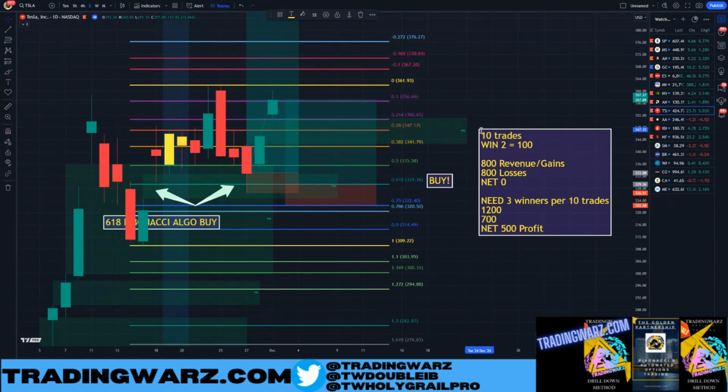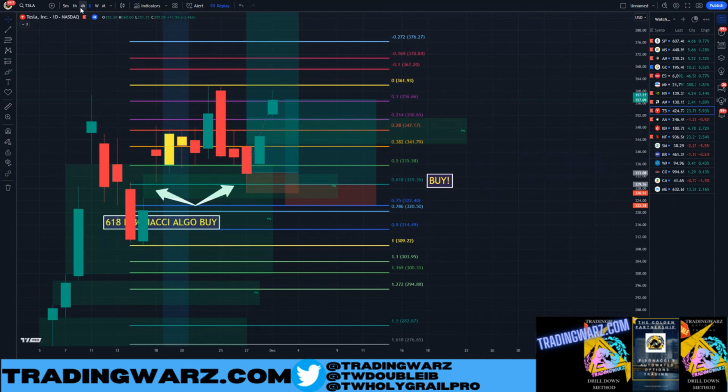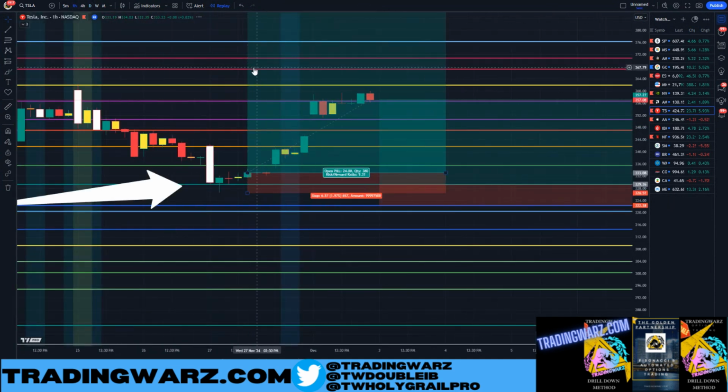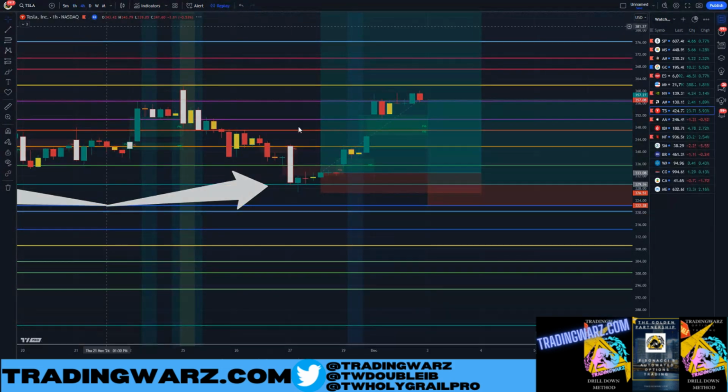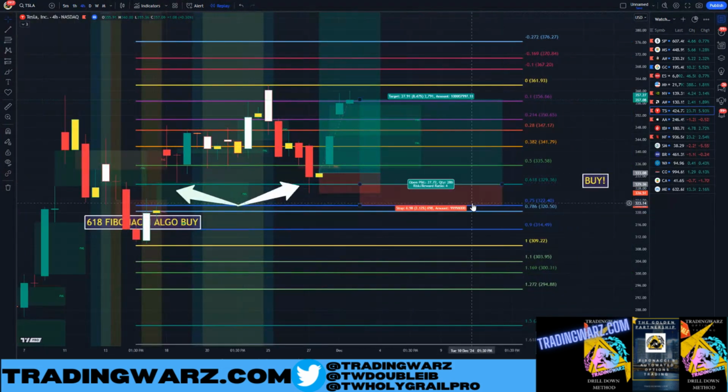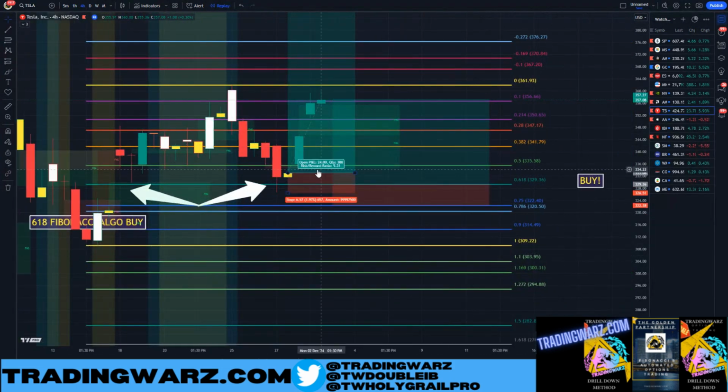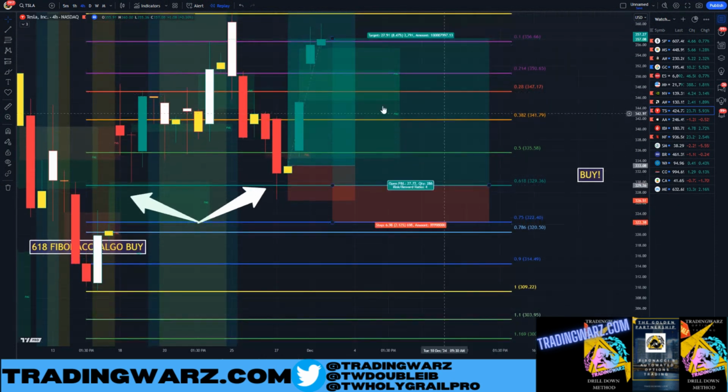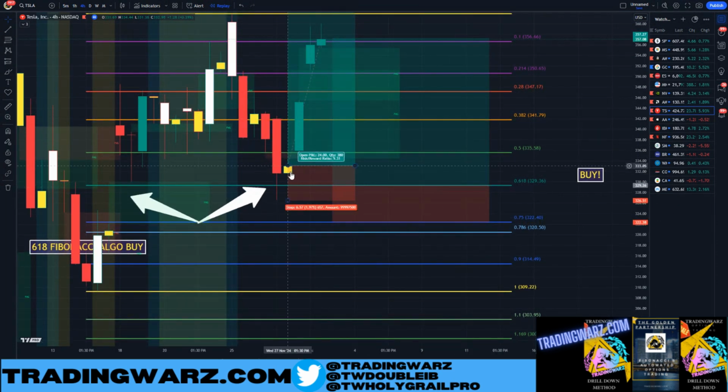The other way to do this is by actually going into the hourly chart and looking for the candlestick entry, or the 4-hour chart. I like to use the 4-hour. Okay. So here's an example of using the candlestick entry. On the 27th of November, we have this inside bar. So you can buy on the close of this inside bar, and your risk would be the low of this candle, right?